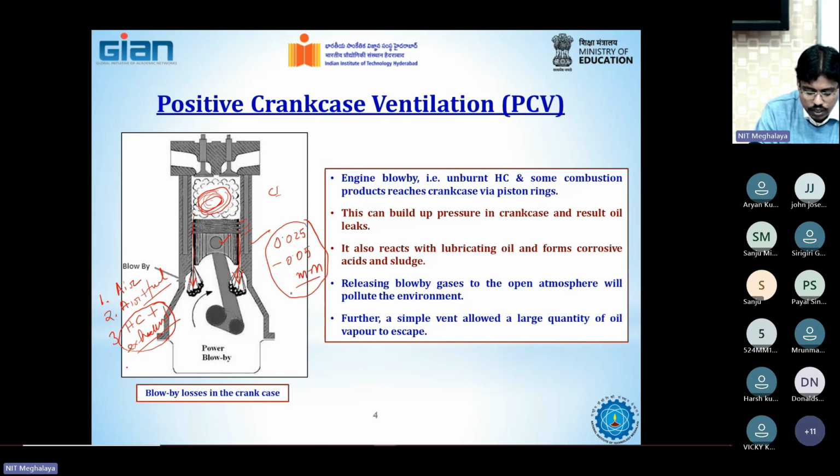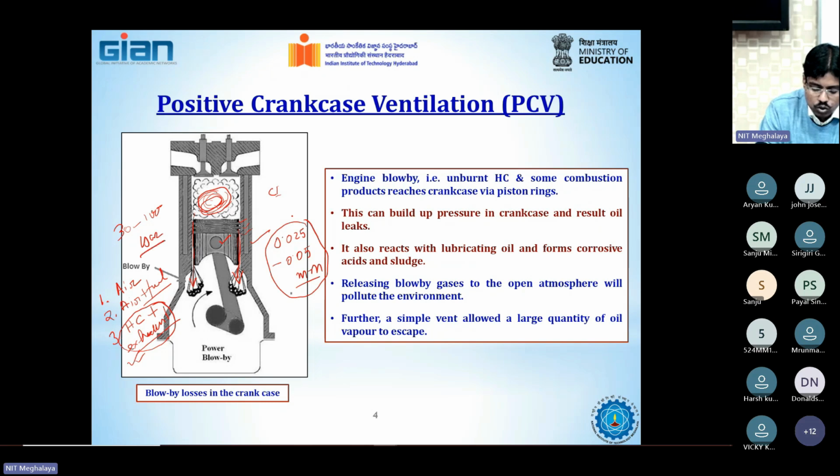The chances of leakage of this are much higher because at this time the gas inside the cylinder remains at a very high pressure. We know that in the case of a diesel engine, the pressure inside the combustion chamber ranges from 30 to around 100 bar.